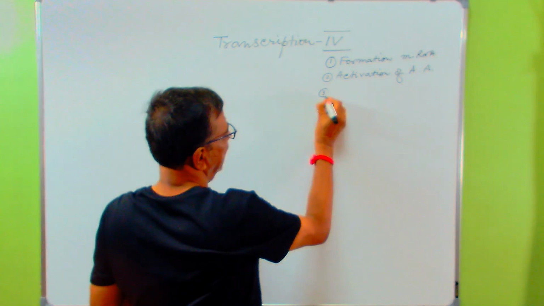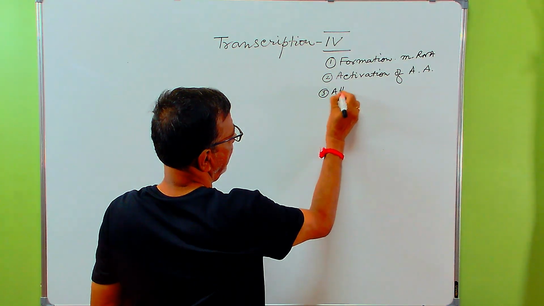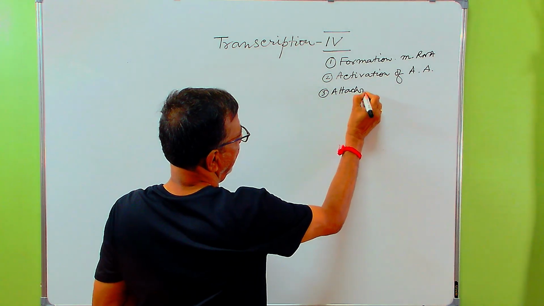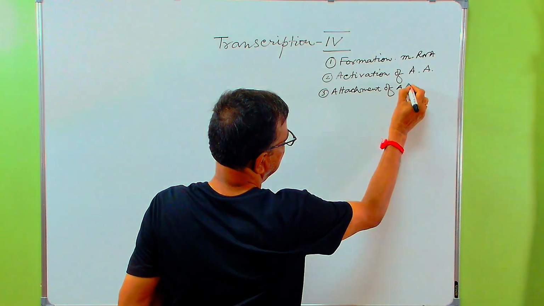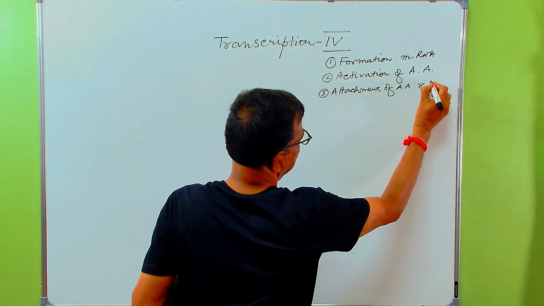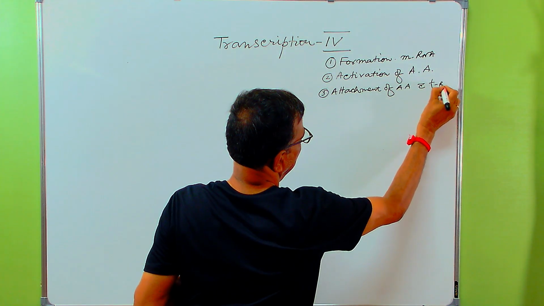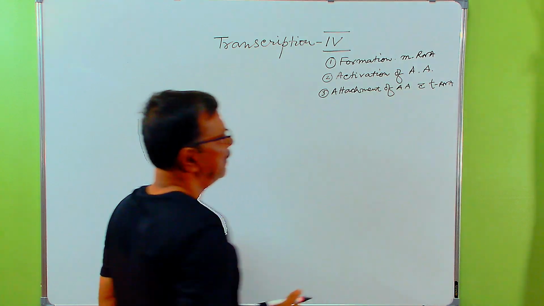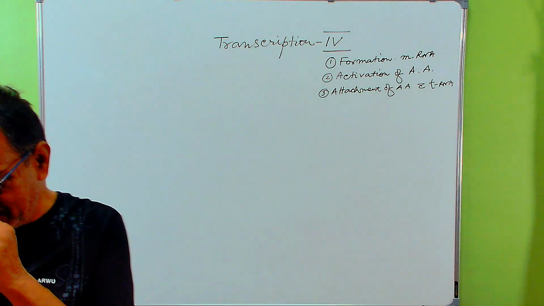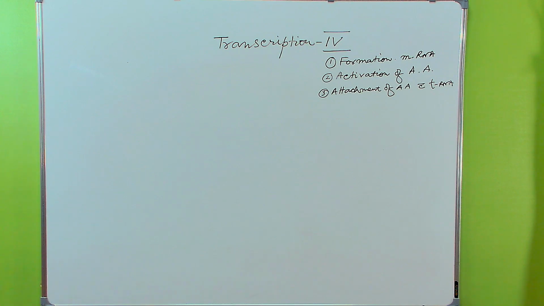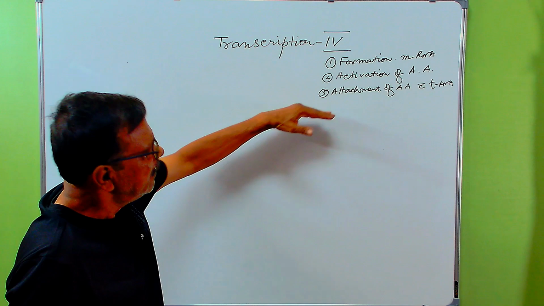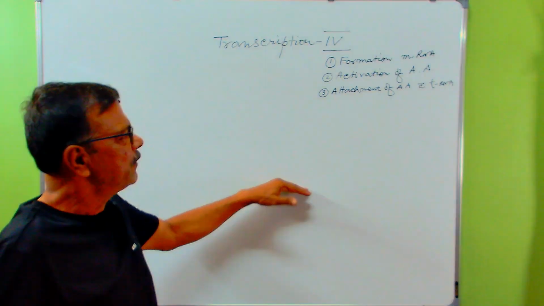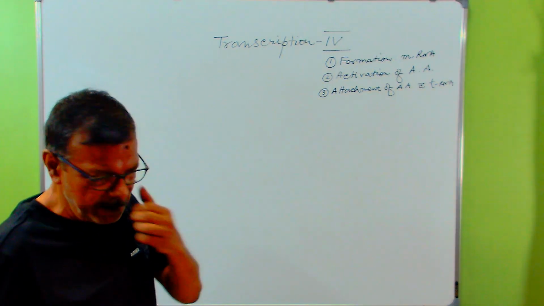So attachment of amino acid with tRNA. Then it will go to the ribosome where protein will be produced.